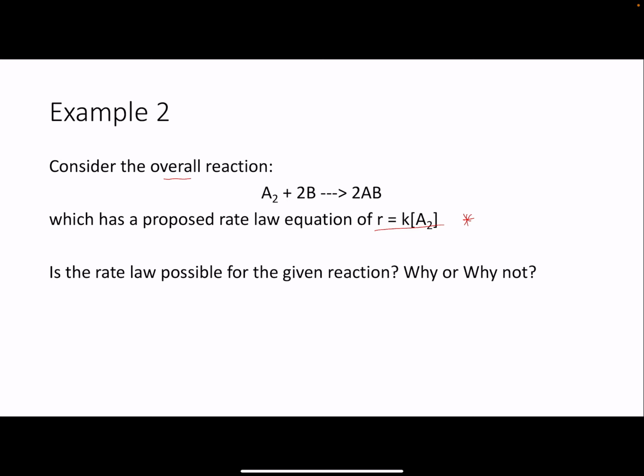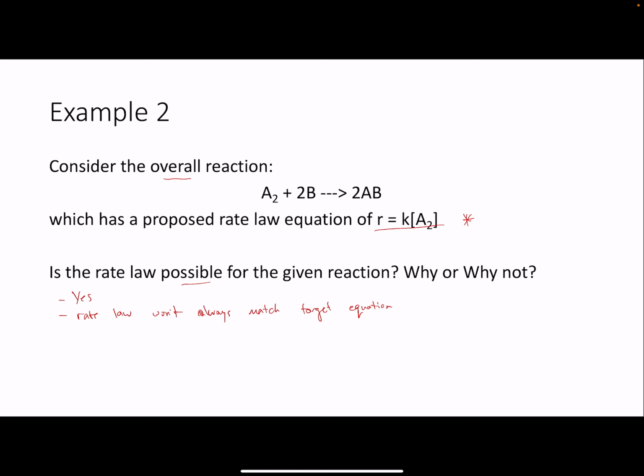So hopefully you've paused this and had a chance to try it yourself. Yes, it's possible. Possible doesn't mean it always will be. And we can say that the rate law won't always match. And that's because the slowest step doesn't have the same reactants as the overall equation.